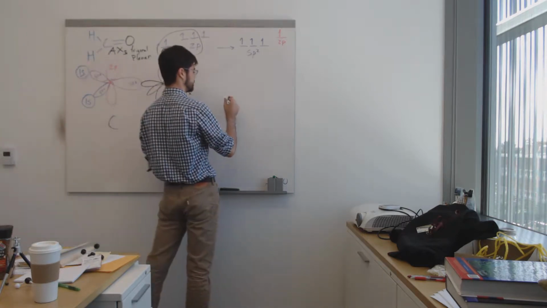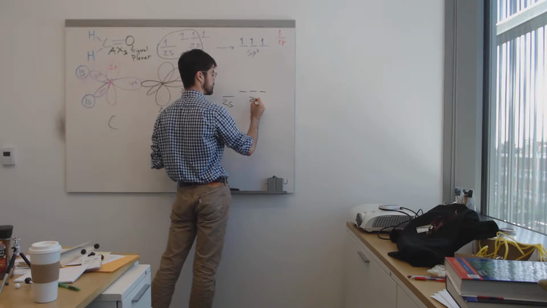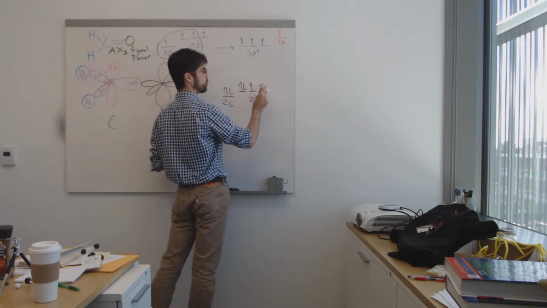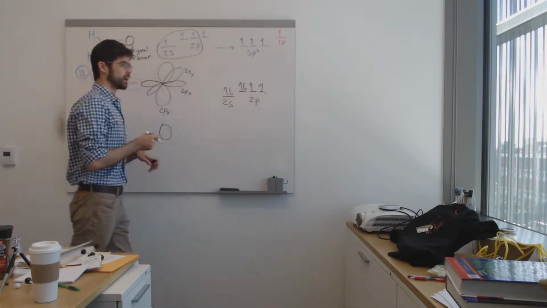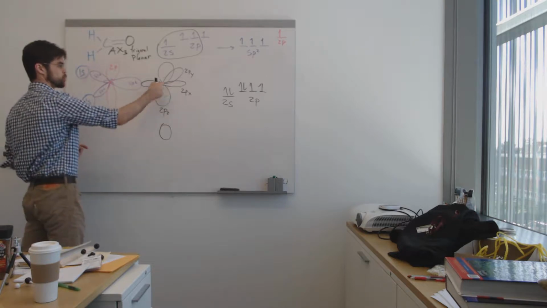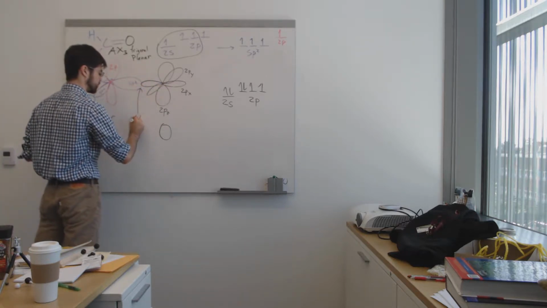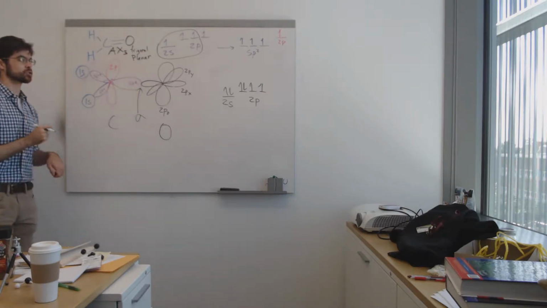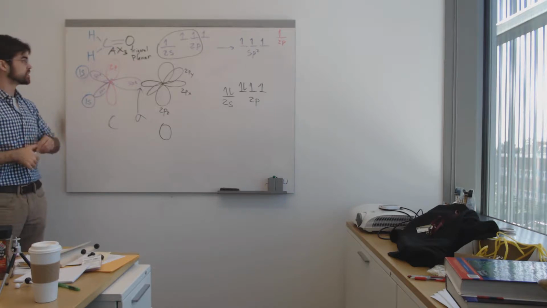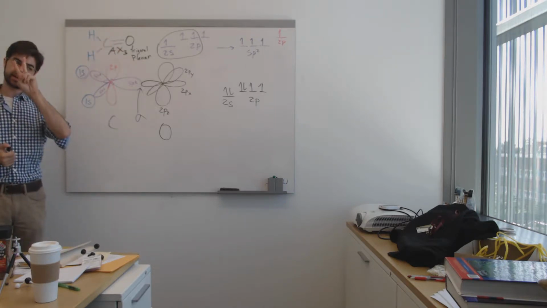Oxygen's electron configuration is 2s2 2p4, so it has two unpaired electrons in p orbitals. It can use one of those to make a sigma bond with carbon's sp2 orbitals, and then the second bond: normally a double bond is one sigma bond and a pi bond.